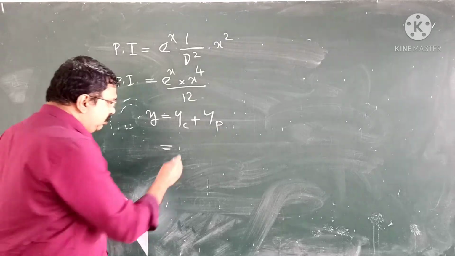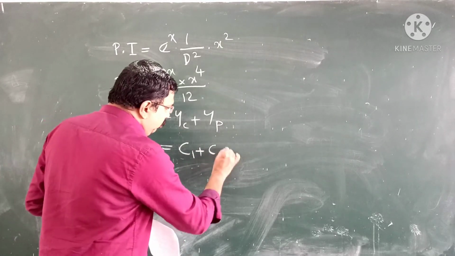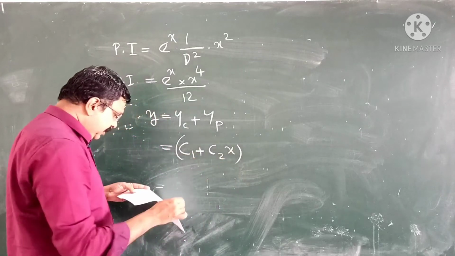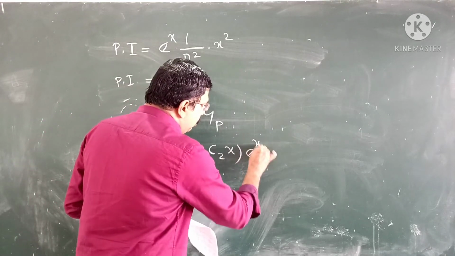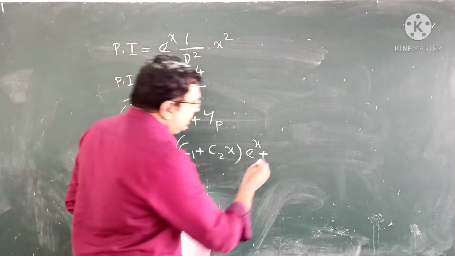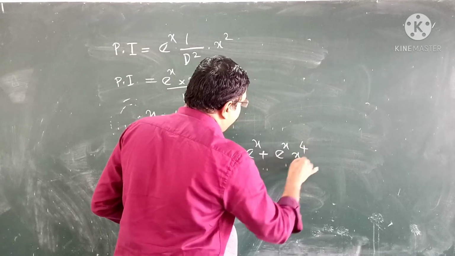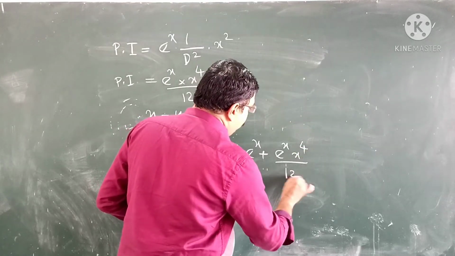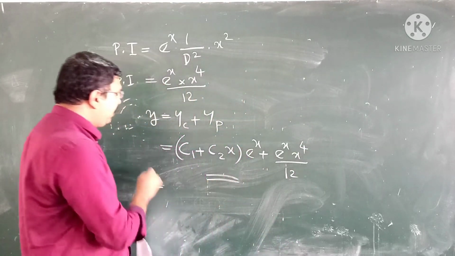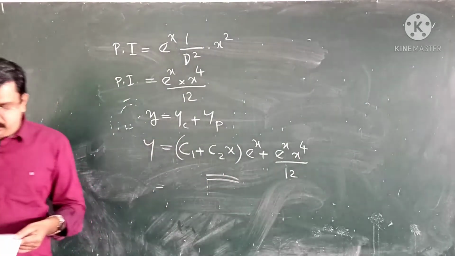Then yc equal to (c1 plus c2x) into e raised to x, plus yp equal to e raised to x into x raised to 4 by 12. This is our final answer. Okay, please write down in your notebook.